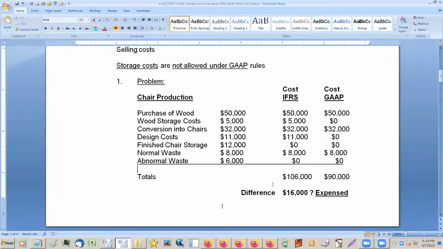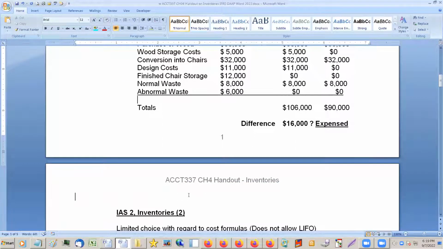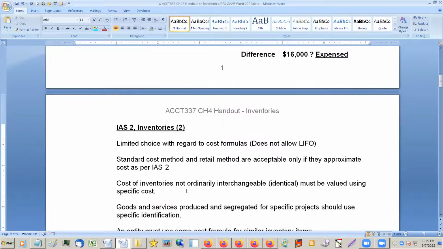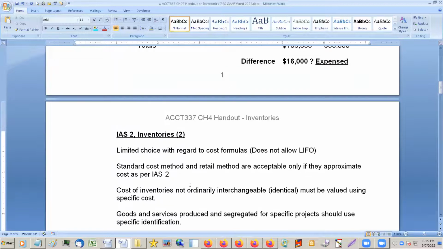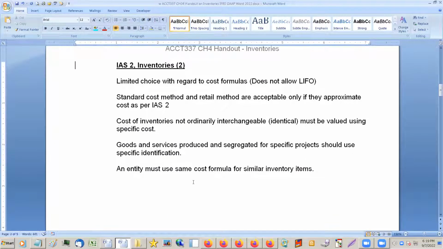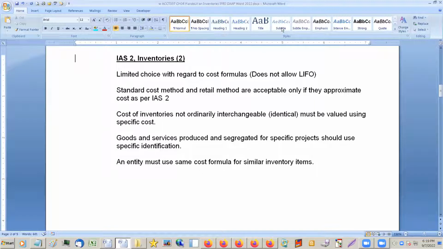And again, these are just differences in the rules that are going to cause the differences. Okay, inventories. Inventories can have a large impact. As you can imagine, you take some retailers, something like Walmart. Most of the value of that company is in inventory. The inventory runs through the stores.